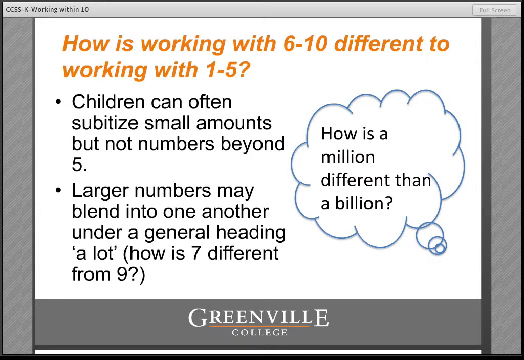They might know that a billion is more than a million, but by how much, that it could be a little bit, right? They don't really understand how these two quantities relate to one another. And that's the similar kind of idea for kindergartners as they work with 6 through 10. It all kinds of runs together. It's just bigger numbers, but very, very general.